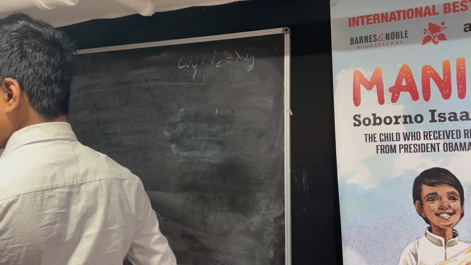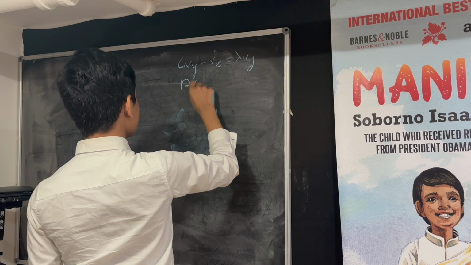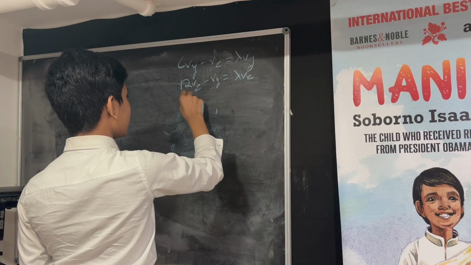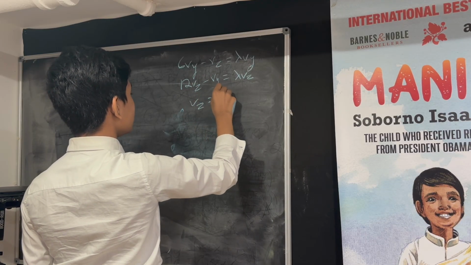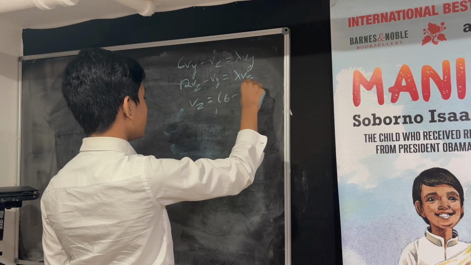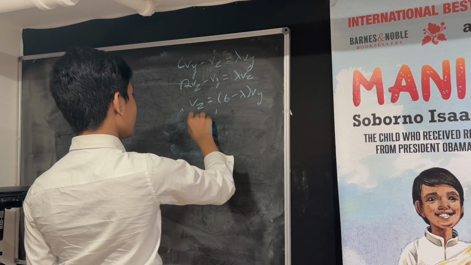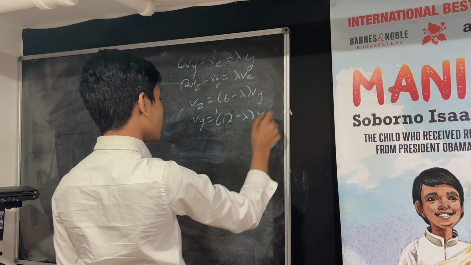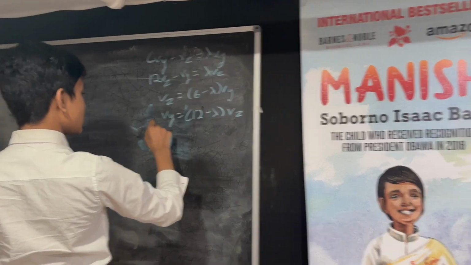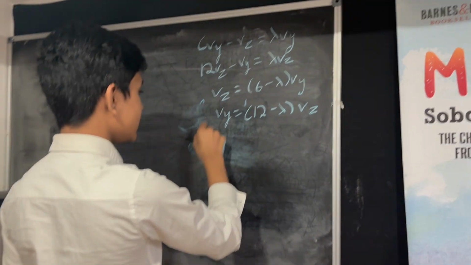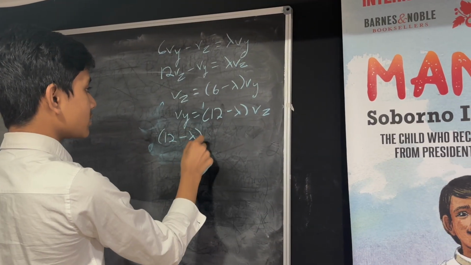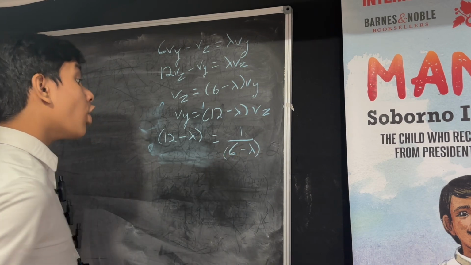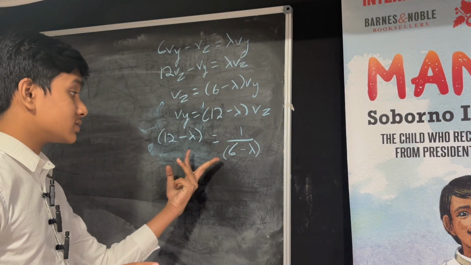No, but doesn't that proclaim only one solution? So that implies vz has to be equal to 6 minus lambda vy, and then vy has to be equal to 12 minus lambda vz, which implies there can only be one solution, because by necessity vy over vz has to be 12 minus lambda, which is equal to 1 over 6 minus lambda, which means that, oh, but there were two possibilities for this to work.